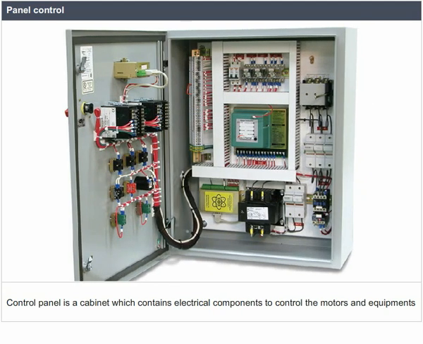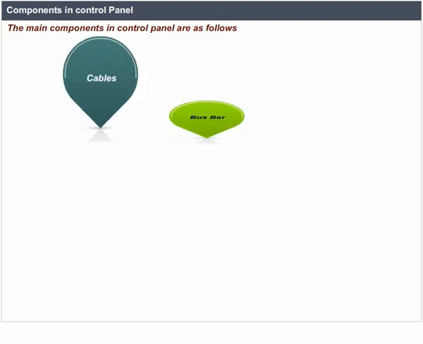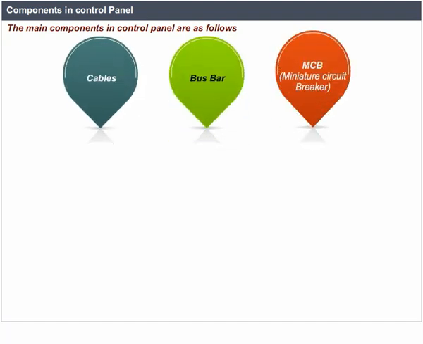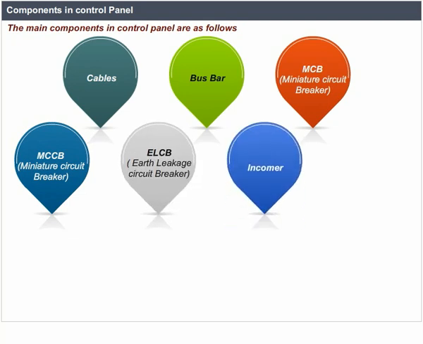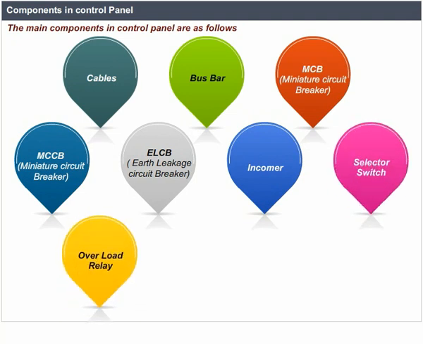Components in control panel. The main components in a control panel are as follows: cables, bus bar, MCB miniature circuit breaker, MCCB molded case circuit breaker, ELCB earth leakage circuit breaker, incomer, selector switch, overload relay, timer, contactor.